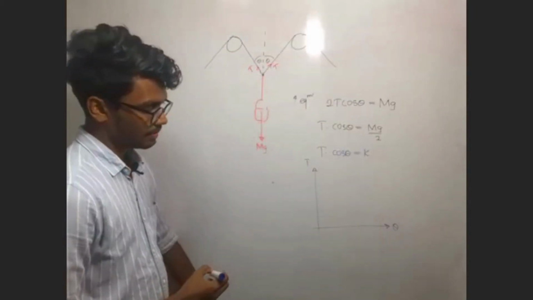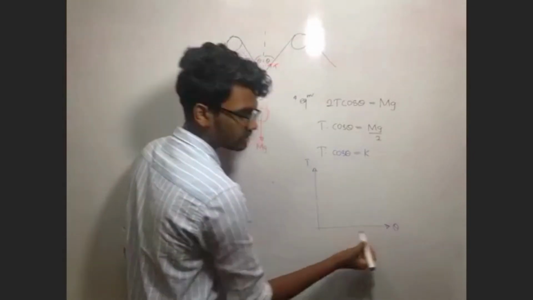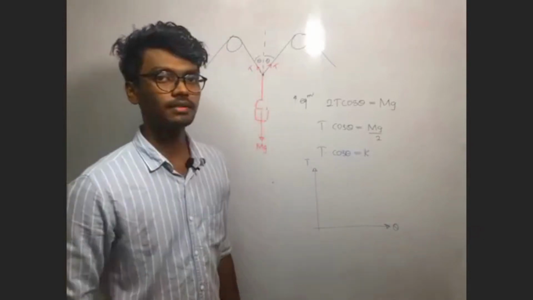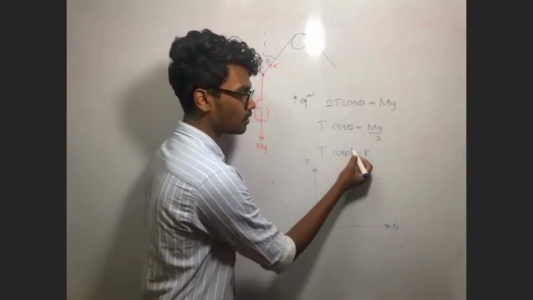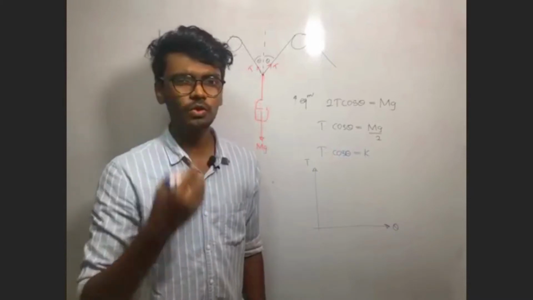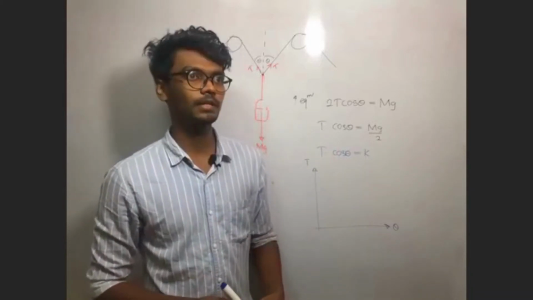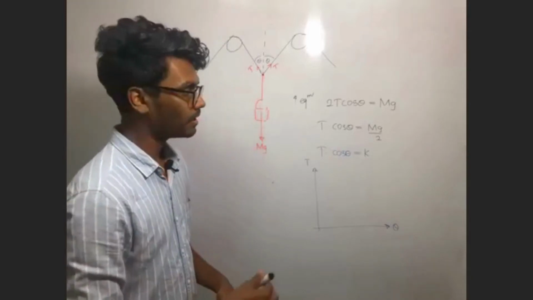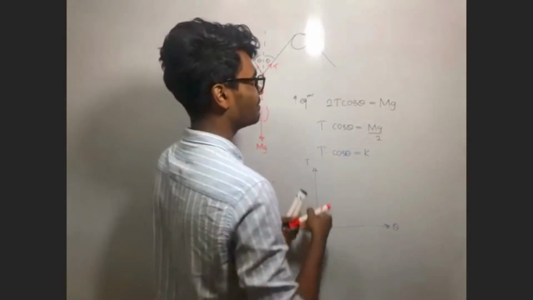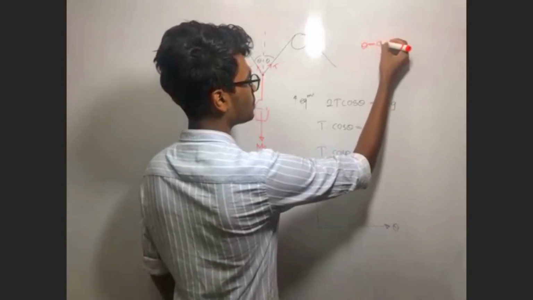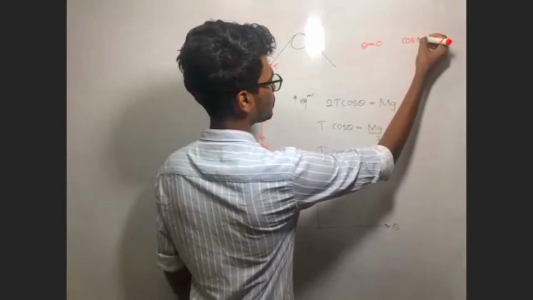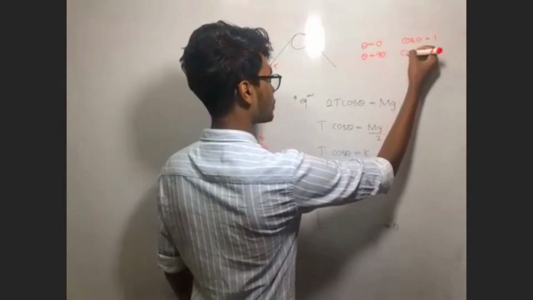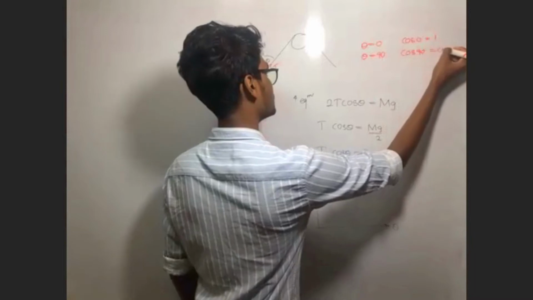Now let us see what happens when theta increases. When theta increases, what happens to the cos theta? Increases or decreases? Decreases, sir. Because when theta equals 0, cos 0 is 1, but when theta is equal to 90, cos 90 is 0, right?